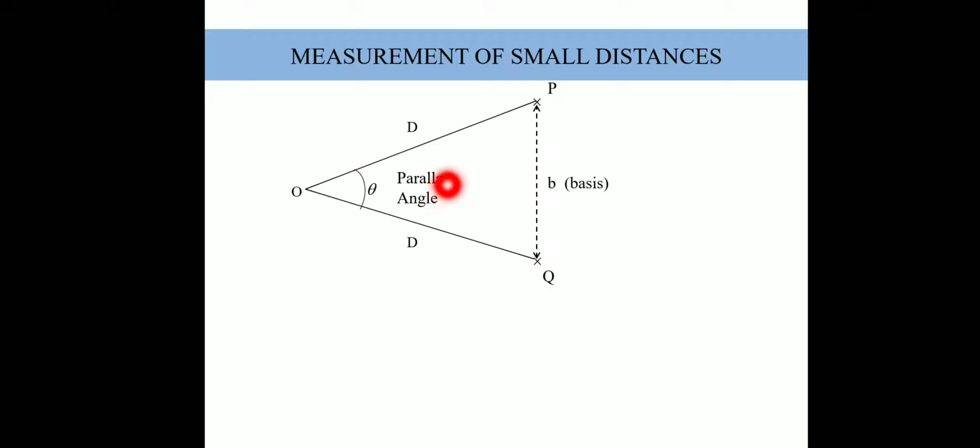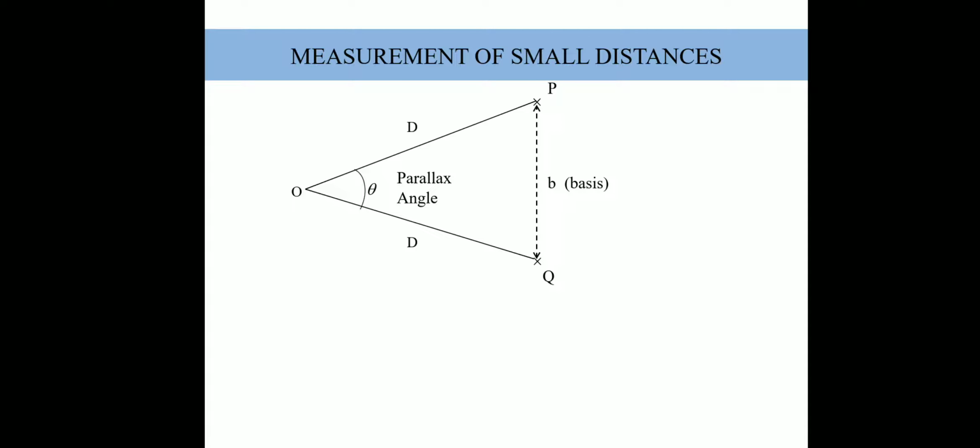I hope this is clear. Points P and Q are diametrically opposite ends of the Earth's surface. Because we are looking at the moon from these two ends, we know the basis, and using instruments we also calculated the angle between the two observation lines, the parallax angle.